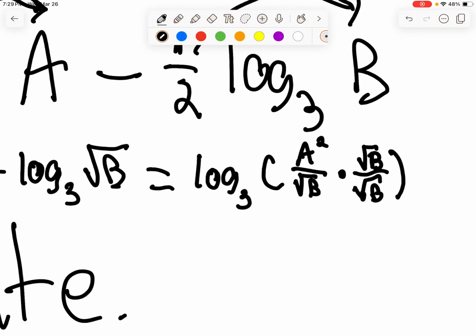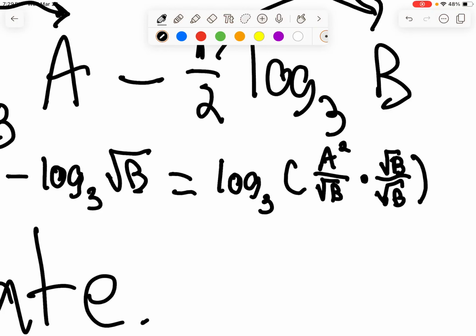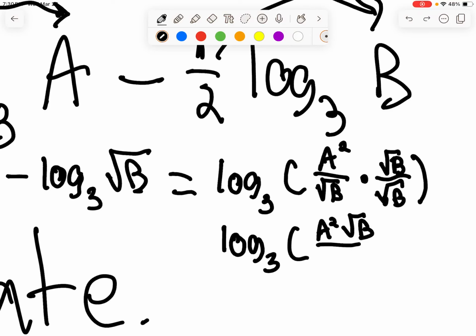Don't know why. It just is what it is, I guess. Anyway, assuming you have to do that, you get log of 3a squared times the square root of b over, since it's square root times square root, just the b.